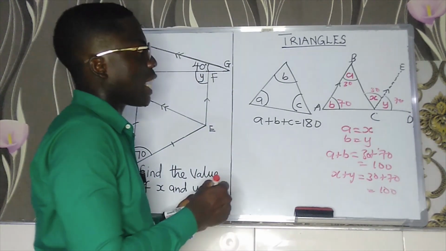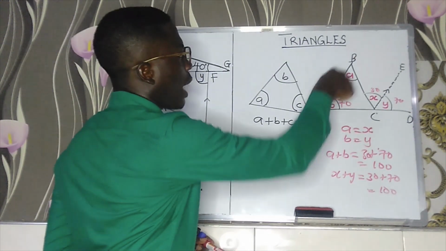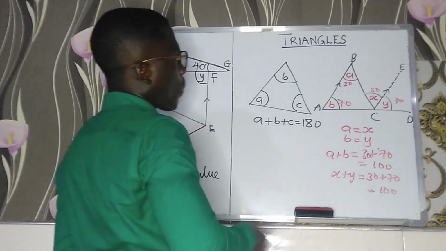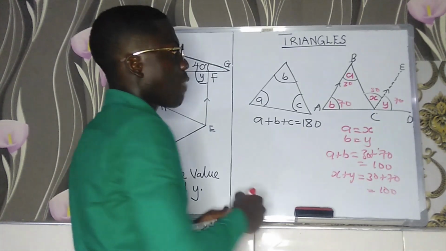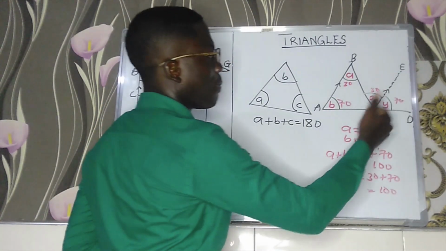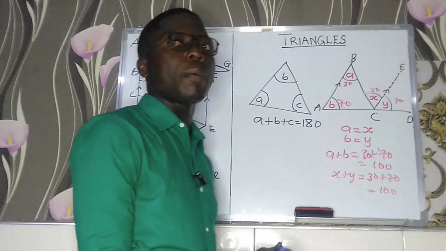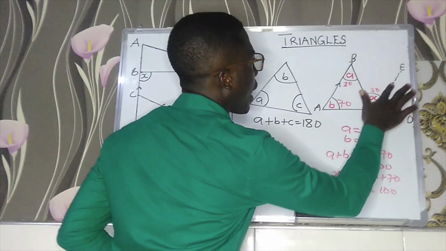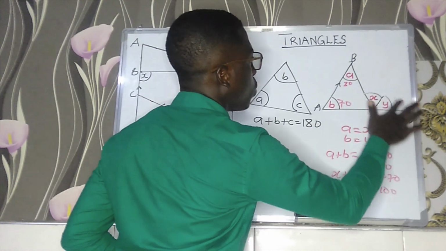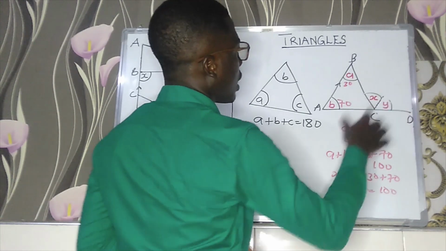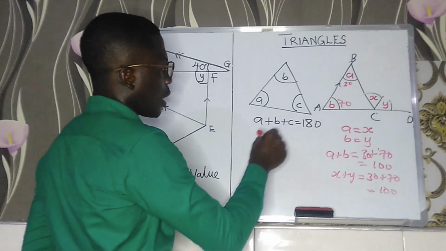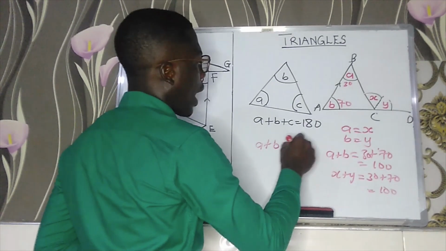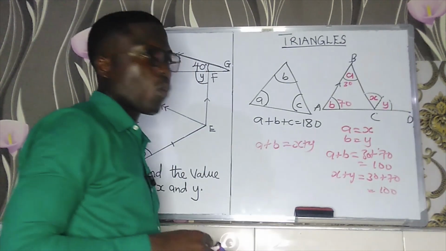So we could realize that these two angles are equal to these two angles outside here. And whenever an angle is outside a plane figure, we say it is an exterior angle. So if we take this particular line up this way, then we could realize that this A plus B will be equal to what? X plus Y.